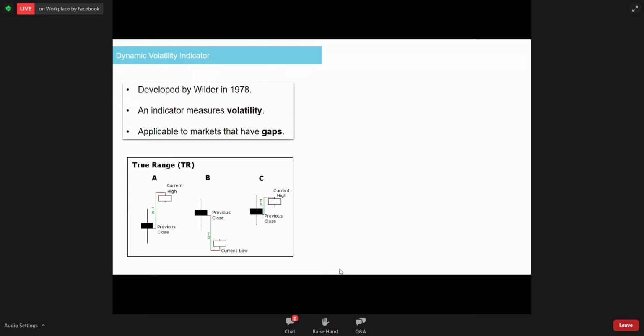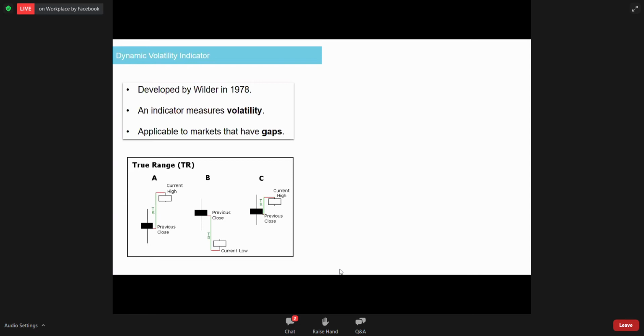It was invented in 1978. It's a very, very good indicator that tells you how much the market can move. Basically, a true range is the current bar compared to the previous bar. There will be a few scenarios: the current bar high or low compared to the previous bar closing. We will take into account the maximum scenario.